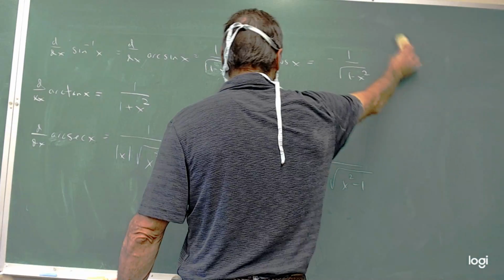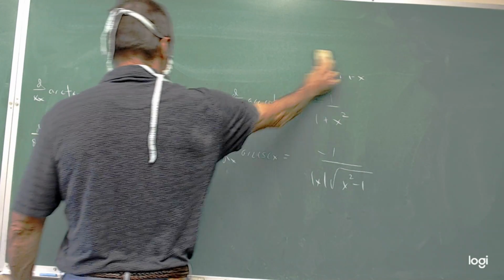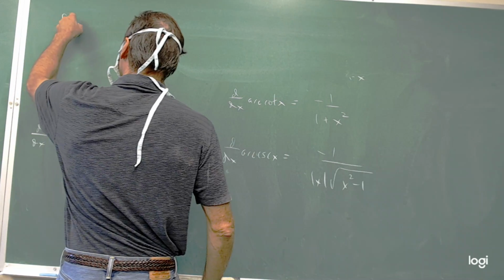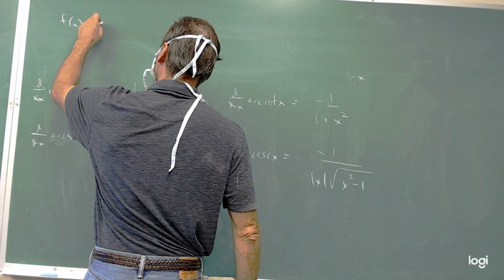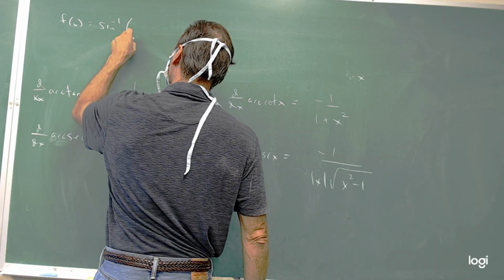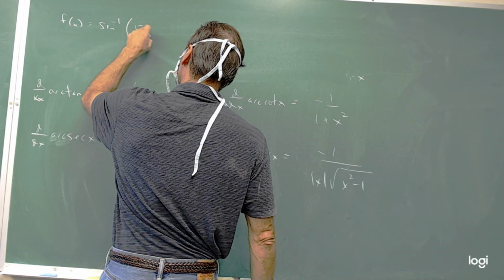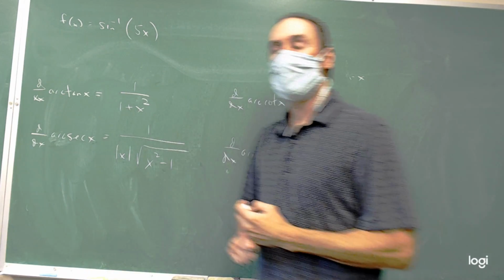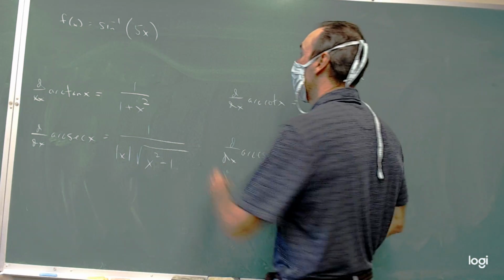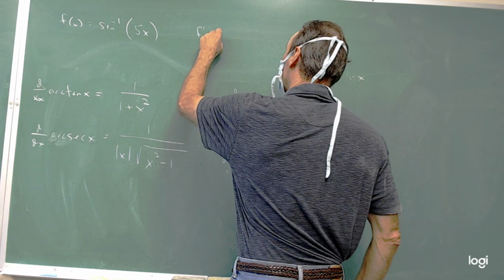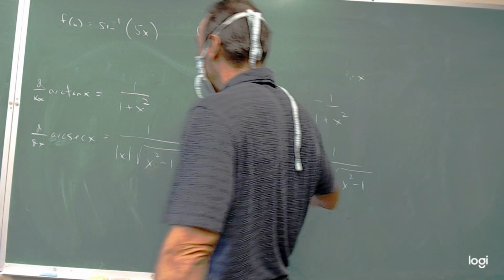So let's say we have f of x is equal to, say, the inverse sine of 5x. So we're going to have to do a little chain rule action here as well. So f prime of x, I'm going to give you a moment, see what you can do with it.